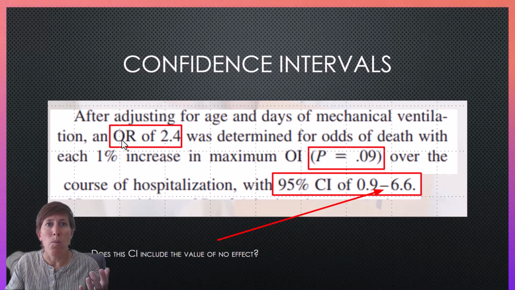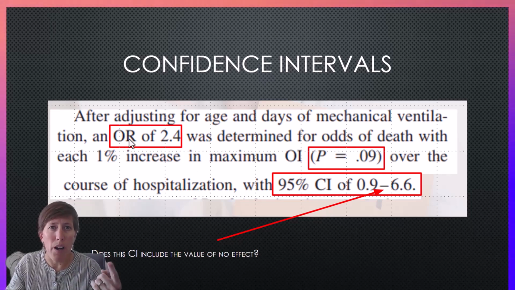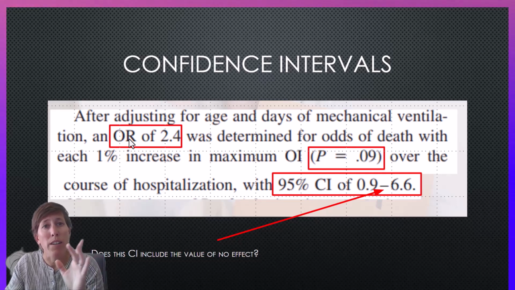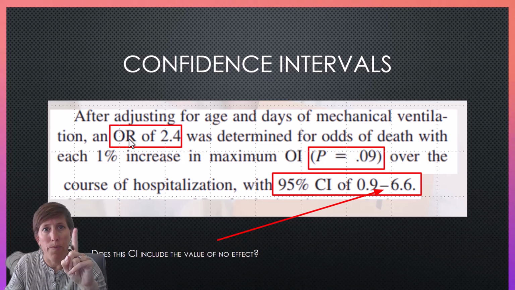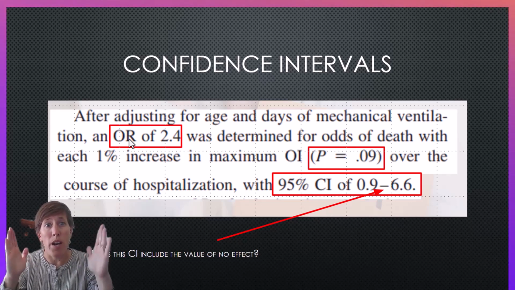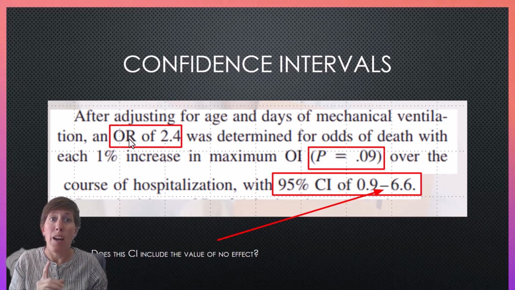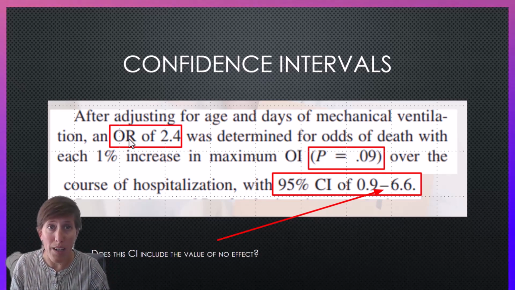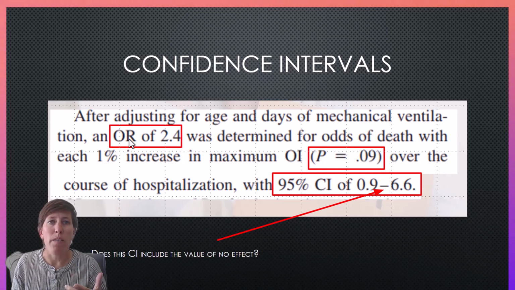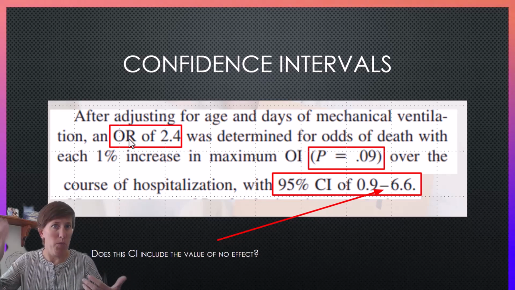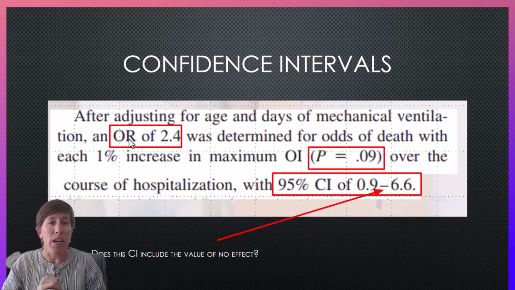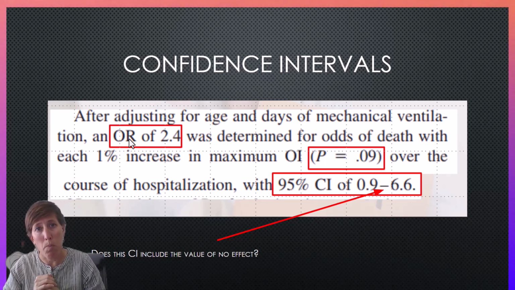To infer our p-value, we're looking at a ratio, at division, so our value of no effect is 1. Does our confidence interval include the value 1? Yes, it does. It's quite close to 1, 0.9, but it does include 1, so we would expect, which you can see right there, that our p-value is greater than 0.05. It's pretty close, but it's greater than.